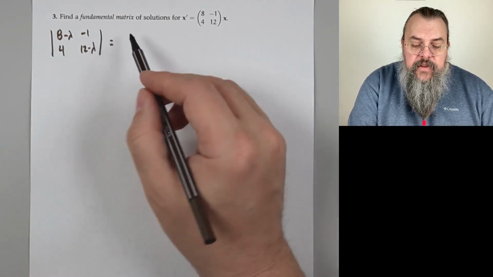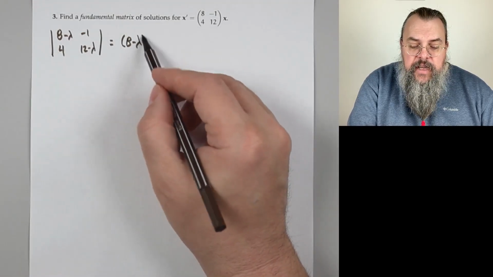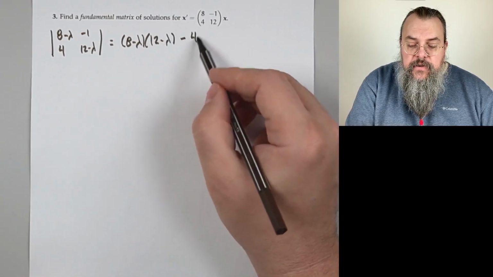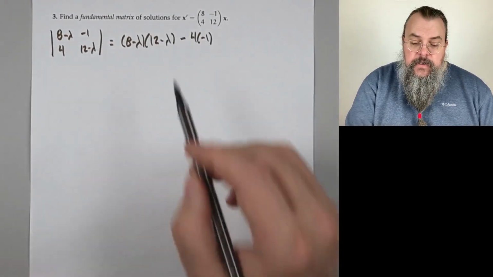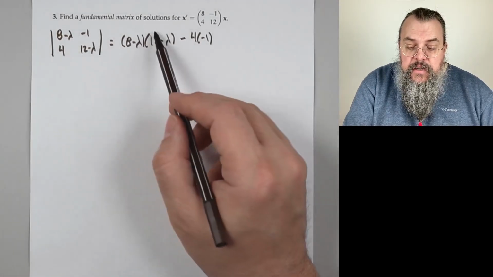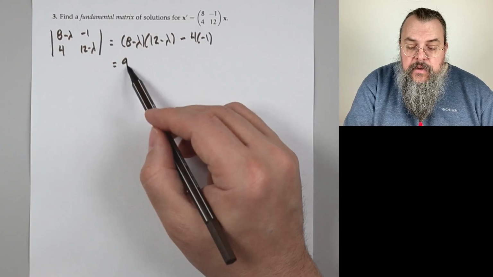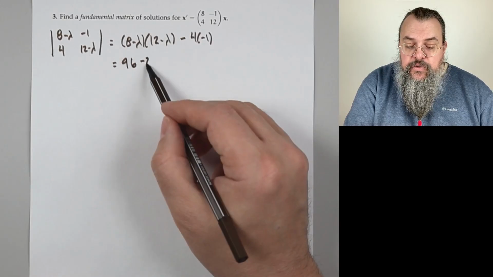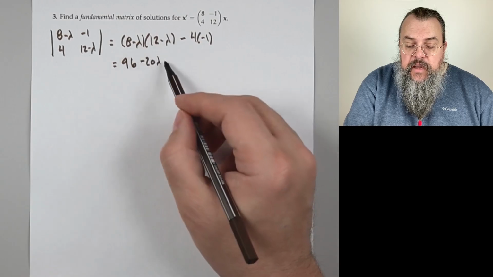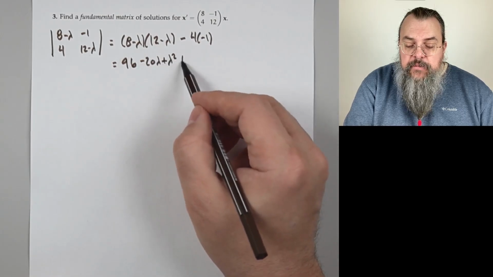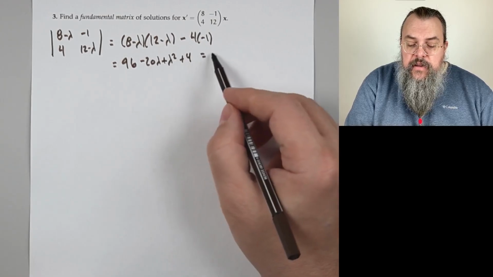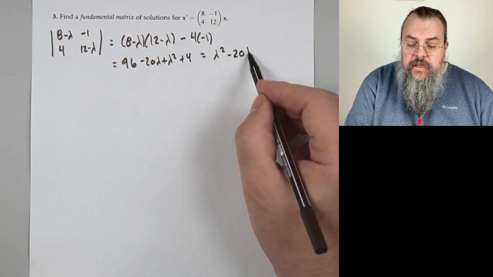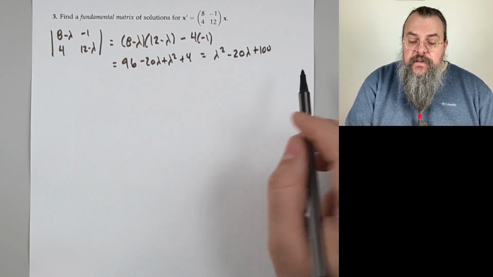And if we multiply this out, this becomes 8 minus lambda times 12 minus lambda, subtract 4 times minus 1. Okay, so that would be 96, and then we have minus 8 lambda, minus 12 lambda, that's minus 20 lambda, and then plus lambda squared, and plus 4.